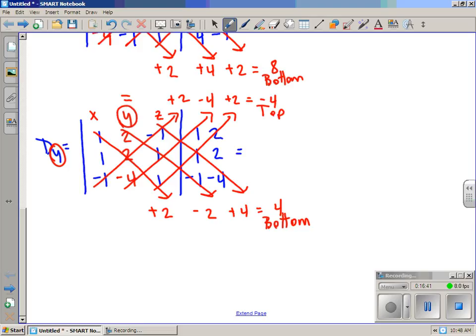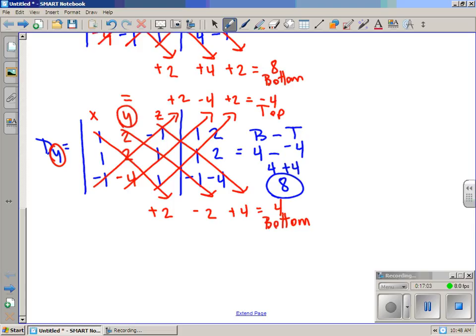To actually get the value of the determinant of y, it is the bottom minus the top. Be careful here. It's 4 minus -4, which is 4 plus 4, which is actually 8.